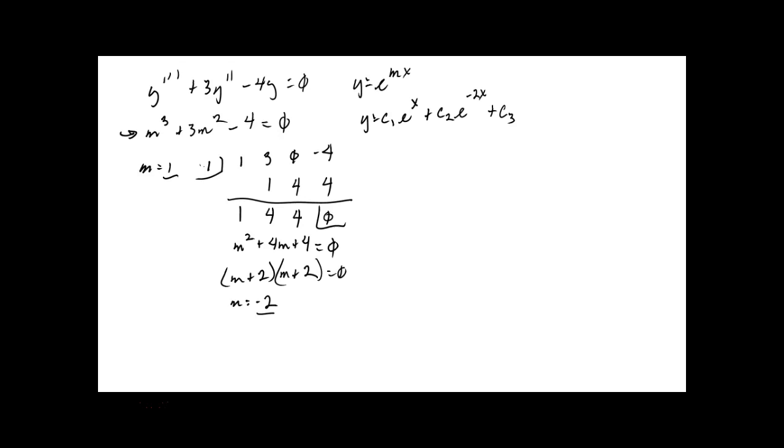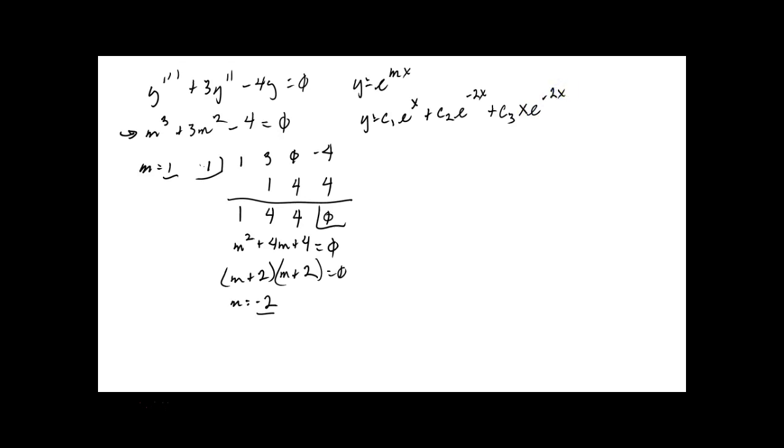Go back to case 2. It's C3 x e to the negative 2x. You've got it.